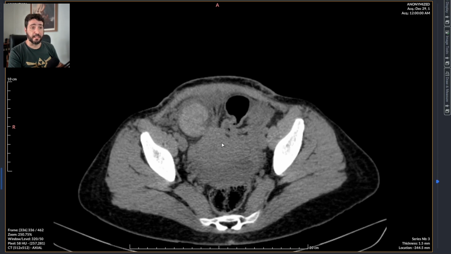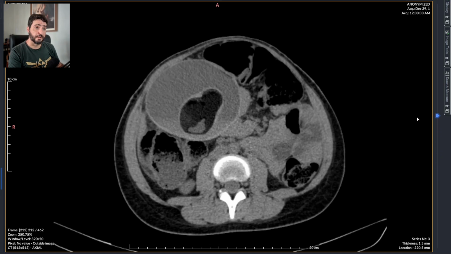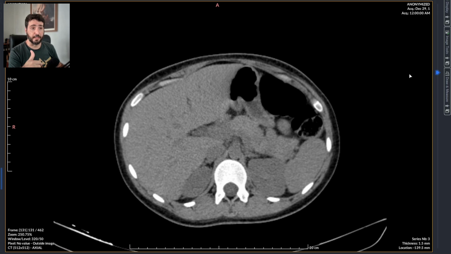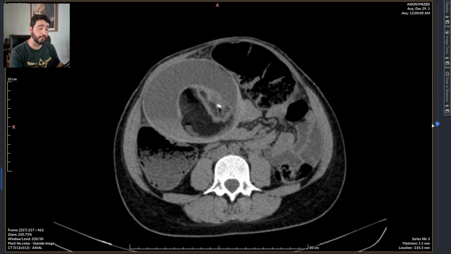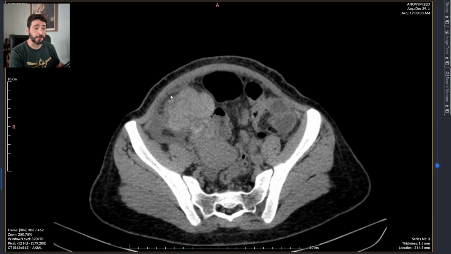Usually this is a benign tumor, and the patient after the surgery shouldn't care much about any kind of recurrence or metastasis. Also, we can tell this is an acute abdomen because we have densification of the fat, the intracavitary fat, just like this.